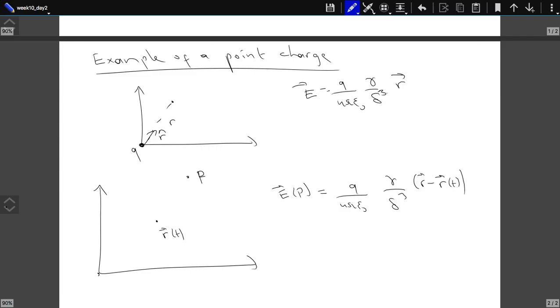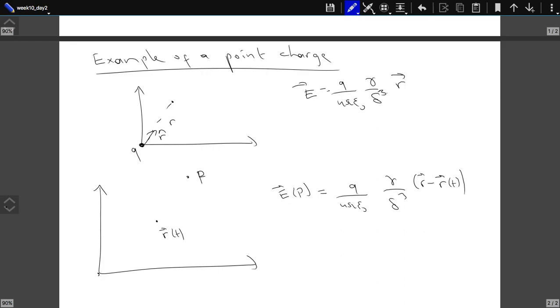So I can just compare the electric field in this coordinate axis and in this coordinate axis. I'm trying to avoid calling them different reference frames, but they are different reference frames. The reason I'm avoiding it is that these two reference frames are not moving relative to each other. The r vector is nothing but the vector pointing from my charge to the observation point.